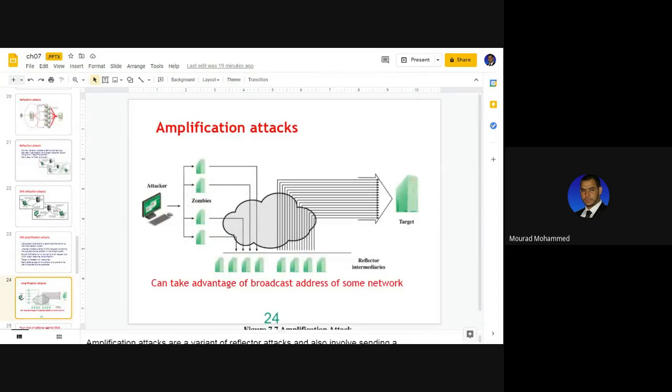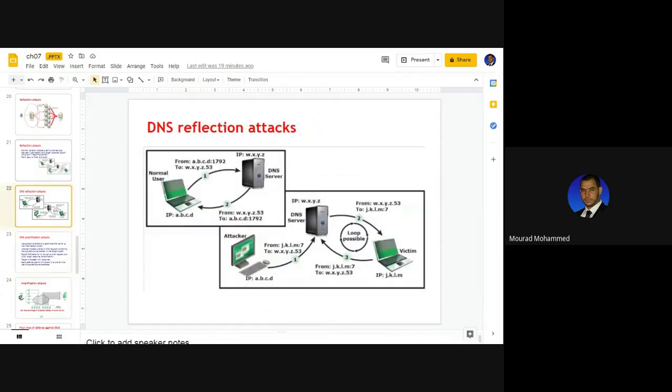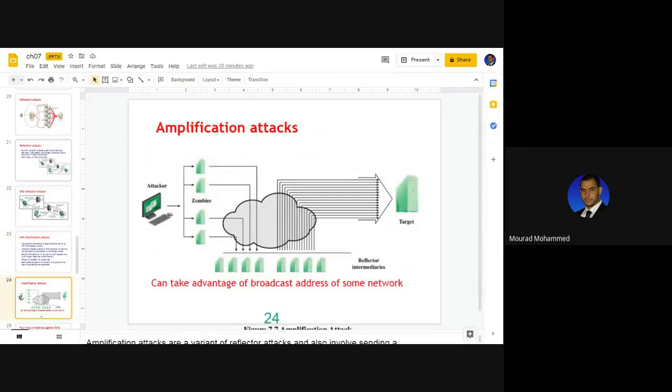Actually, the amplification is another scenario, something similar to the reflection, but here we are seeing services to be amplified. What does amplified mean? We have a web server, for example, and the web server has an application. This application is legitimate and can access a dedicated network source locally.